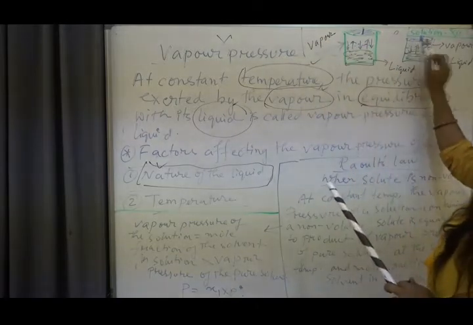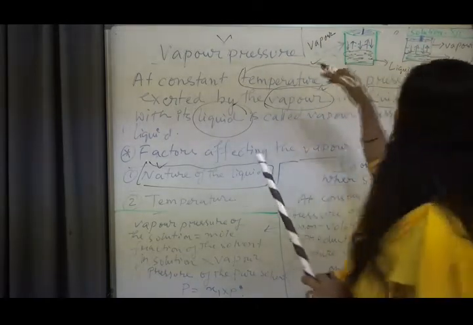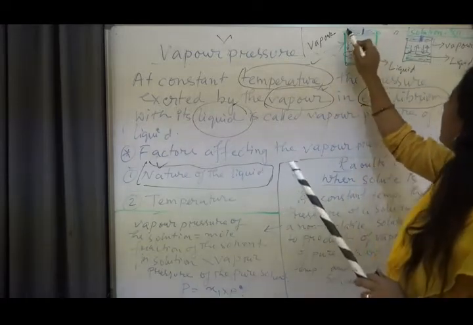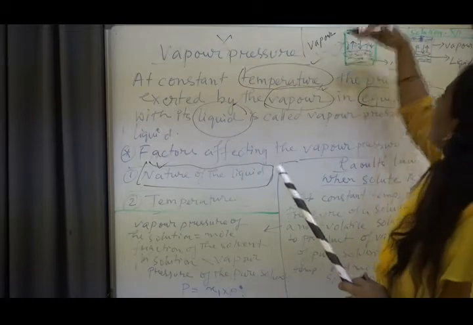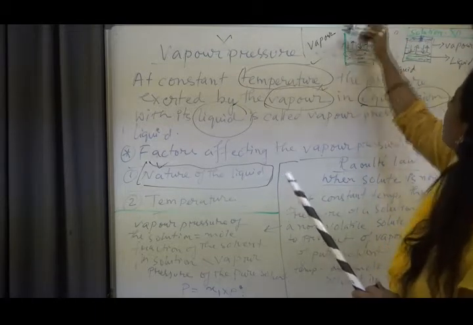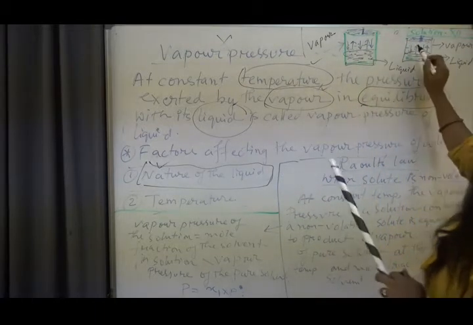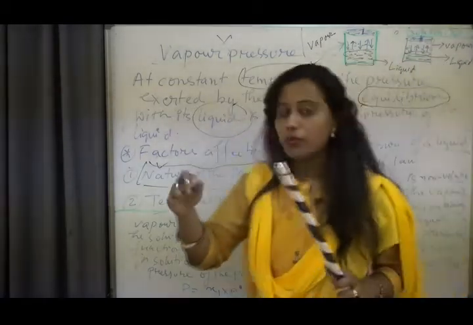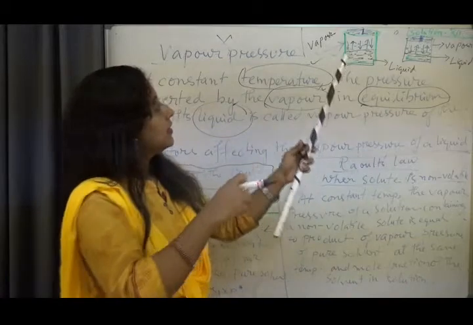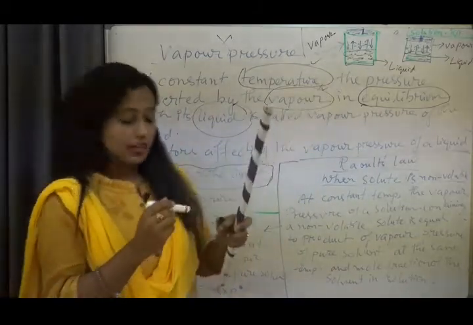Suppose I have taken two airtight beakers and applied a piston over each. In both, this part will be the vapor and this part will be the liquid. The more the piston is pressed, the more the vapor is converted to liquid.